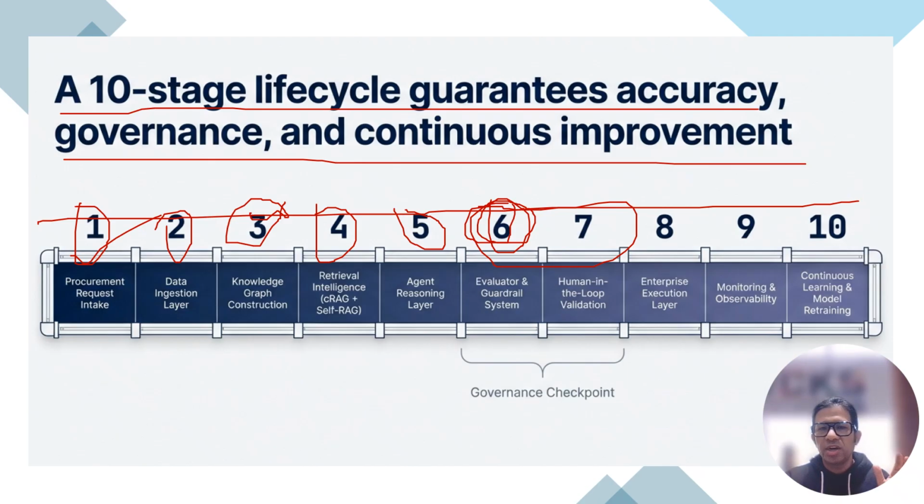This is where we validate evidence coverage, policy compliance, fairness, security filters, and trigger repairs if needed. Now this is the seventh stage, human in the loop validation, meaning high risk decisions must be approved by procurement managers, finance, legal, compliance based on routing rules.